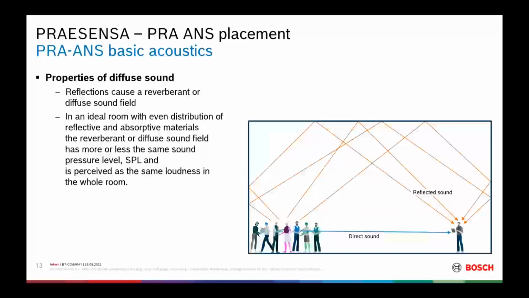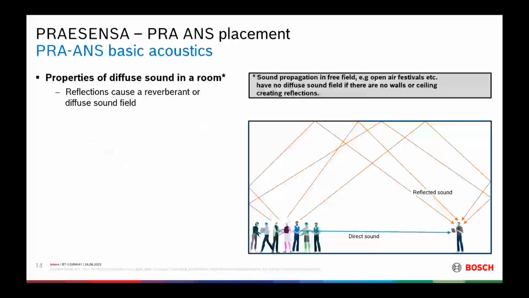So in a theoretically ideal room, you would have an even distribution of these reflected sounds, depending on the absorptive and reflective materials in your room. Meaning at a certain point, at a certain distance from your sound source, the diffuse sound field should be the same.